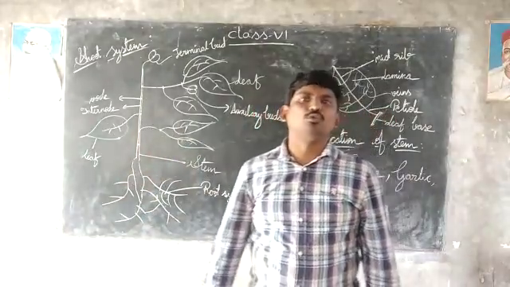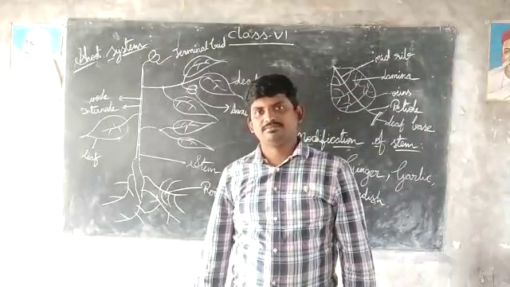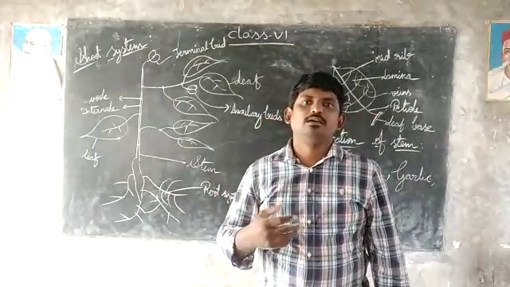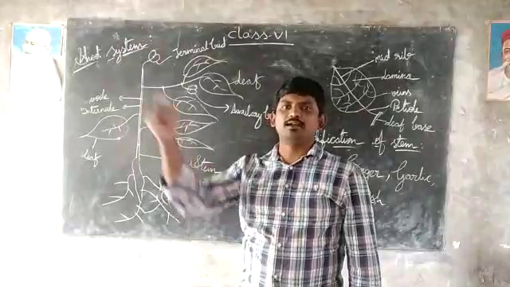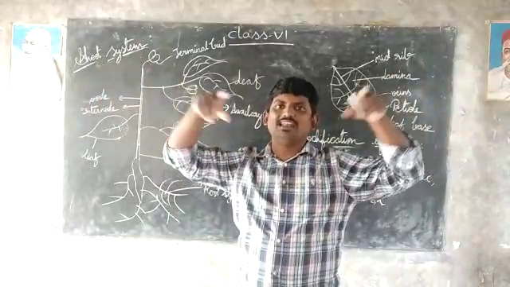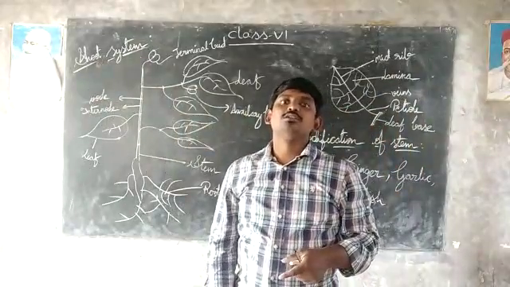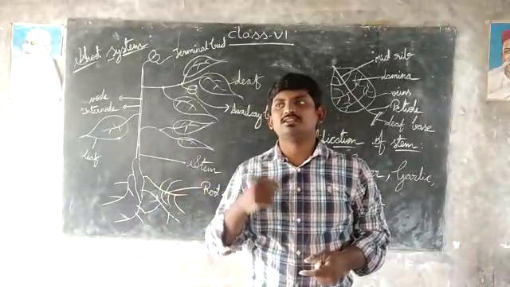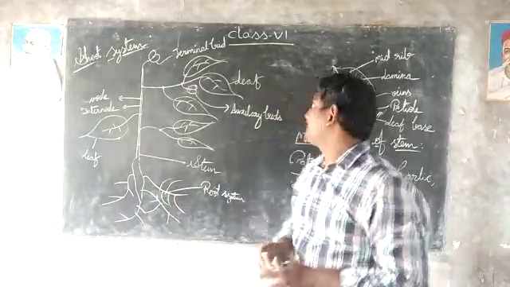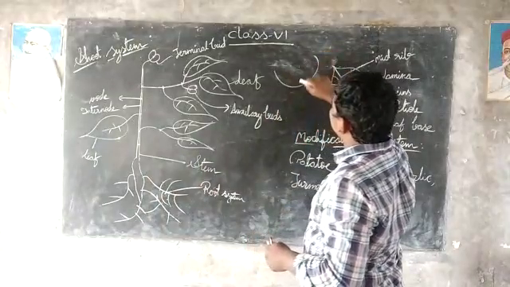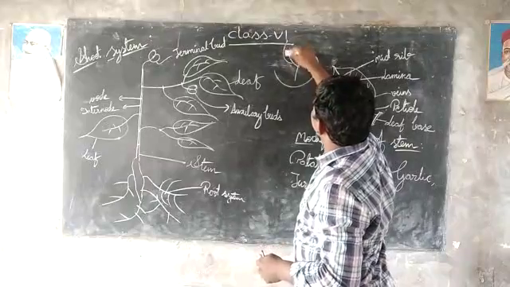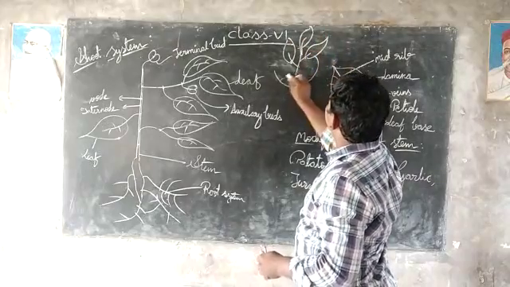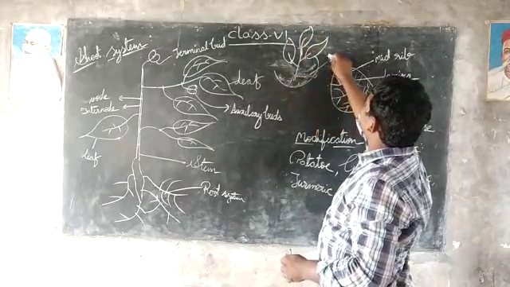So how can we prove a stem can absorb water? For every festival we make a garland of mango leaves, right? For that we take an axillary piece of a mango leaf and dip that stem into some red ink, maybe red colored water.